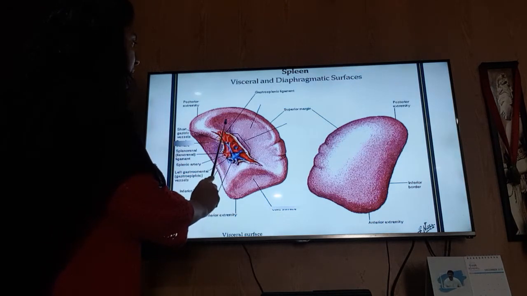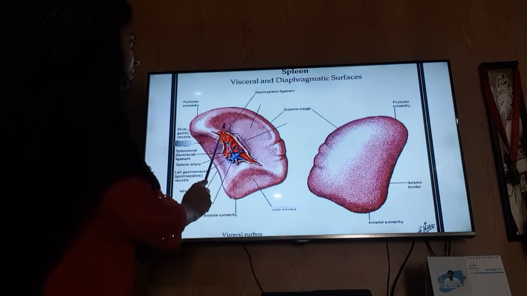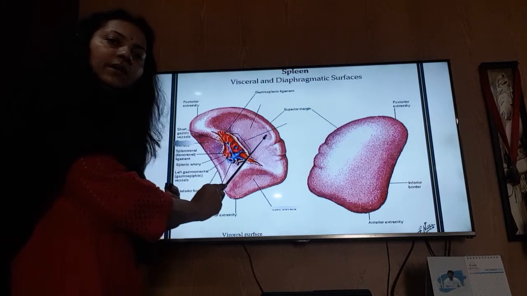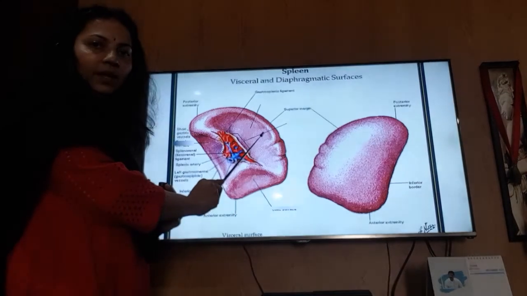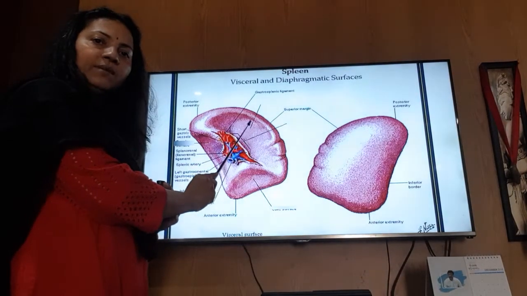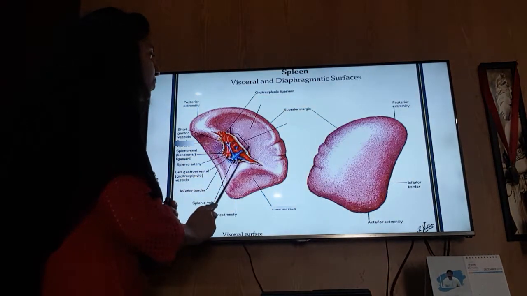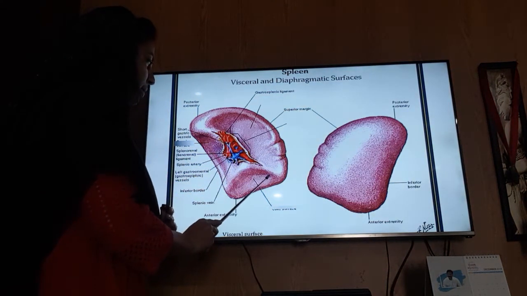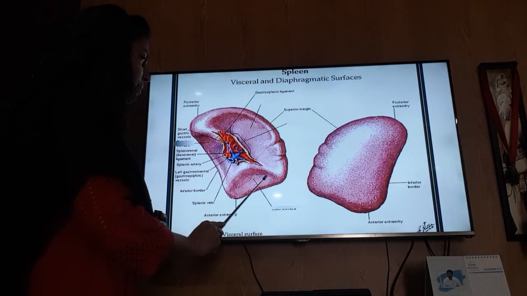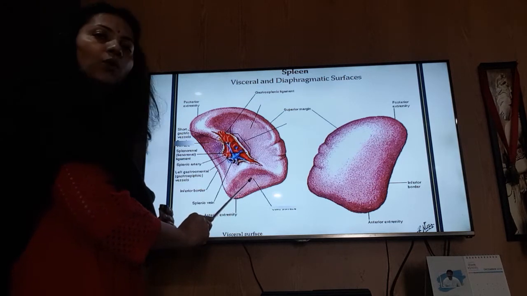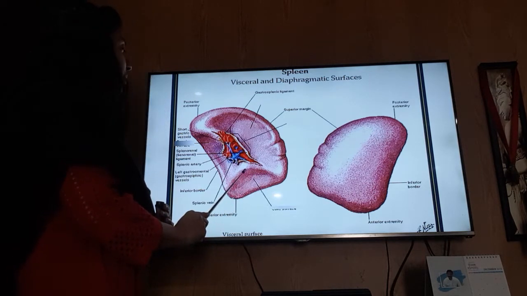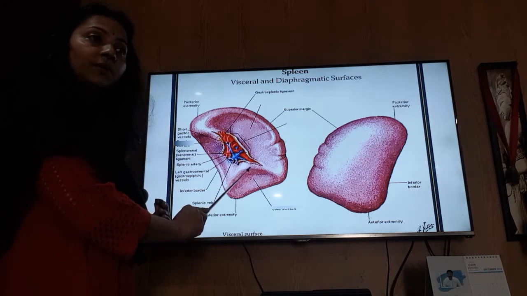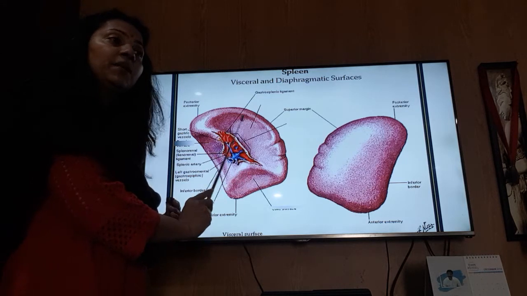See, this impression you can see, this is gastric impression, means this is related to stomach. Stomach has put this indentation over here. Then in front again you can see, this is colic impression. That means the colon, because this is the extreme left side.